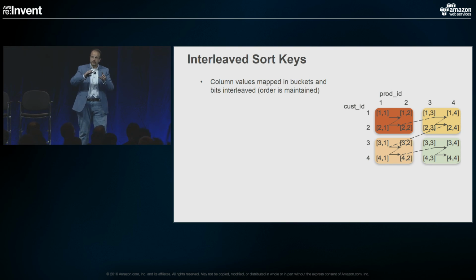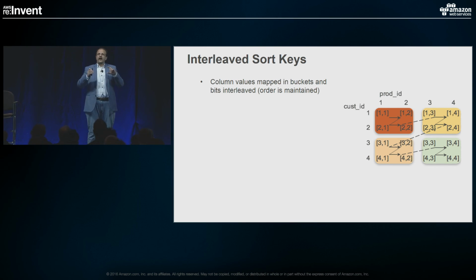First, for each column that I'm having my interleaved index on, I map 1024 values into buckets, and I distribute the values in buckets, like hash information, but I maintain the order. Every value is given a bucket. Then I mix together the bits of the bucket values for every column.